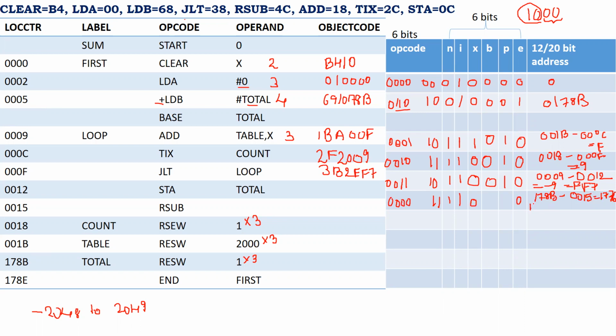So that's why it becomes 178B minus 0015 plus 1776, that is 178B, which is equal to 0. So now the displacement is 0, base is 1 and P is 0.